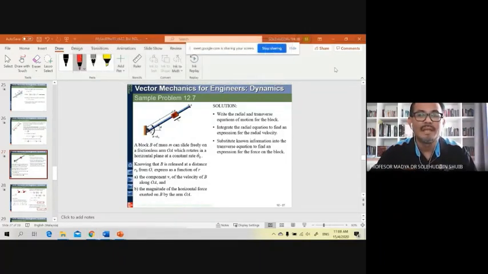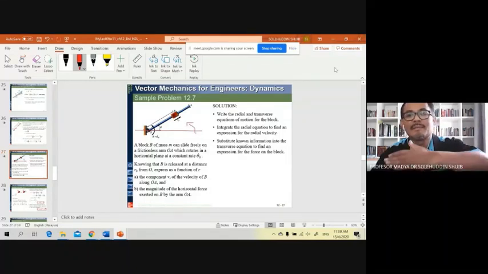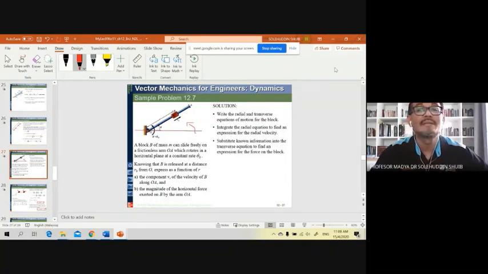Originally it is here, right? And then it's moving, going up with angular rotation. So it's being given here theta, theta dot.